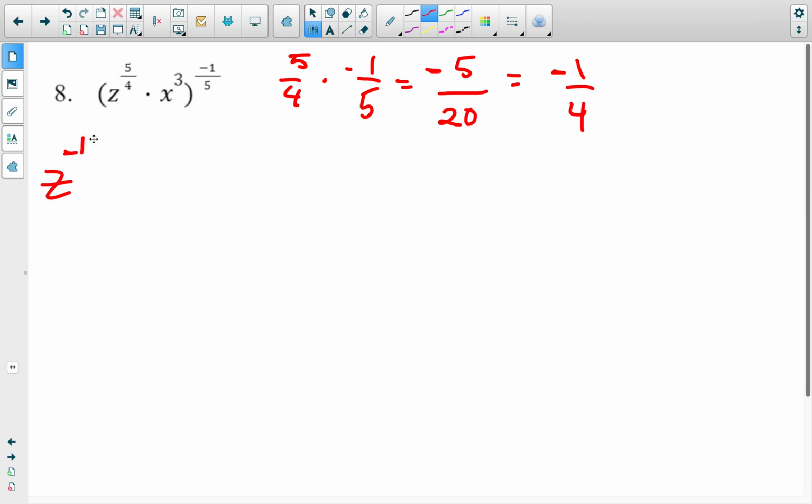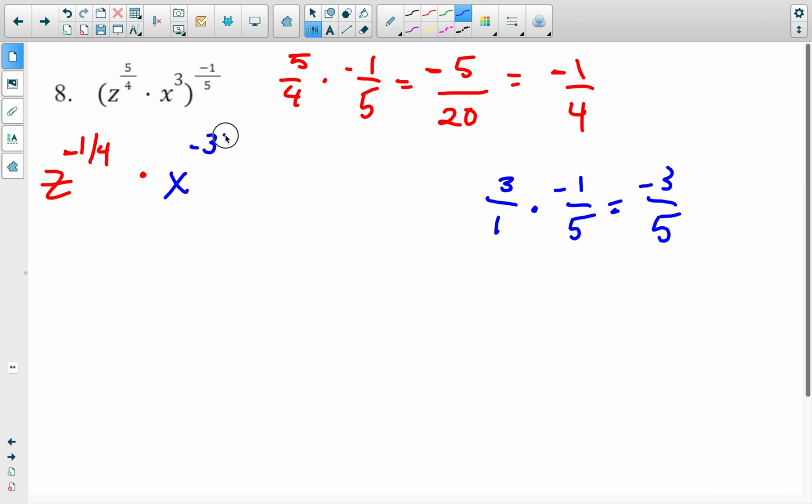So this is z to the negative 1/4 times, and then thinking about our x, we have x to the 3rd power, 3 over 1 times negative 1 over 5 becomes negative 3 over 5. So we have x to the negative 3 over 5. And then both of these are negative exponents, so let's send them to the bottom: z to the 1/4, and then x to the 3/5.